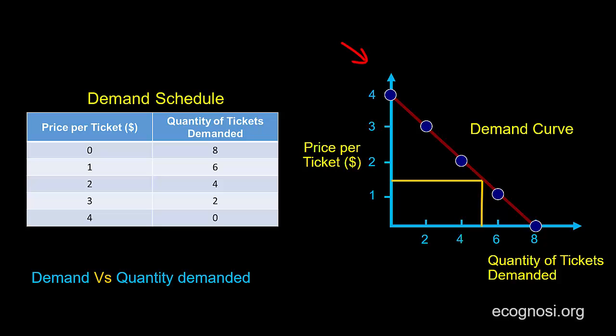Therefore, one might normally expect for the two to be plotted the other way around than the course of action we followed here. That is, one would normally expect price on the x-axis and quantity demanded on the y-axis. The reason we didn't do that is simply because in economics, by convention, the price is on the vertical axis and quantity demanded on the horizontal axis.